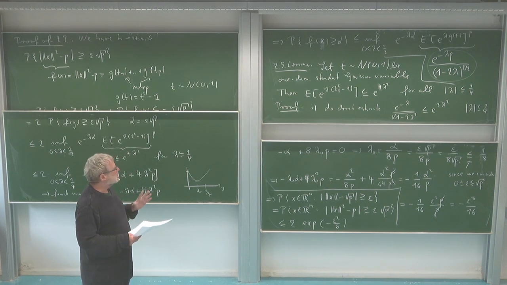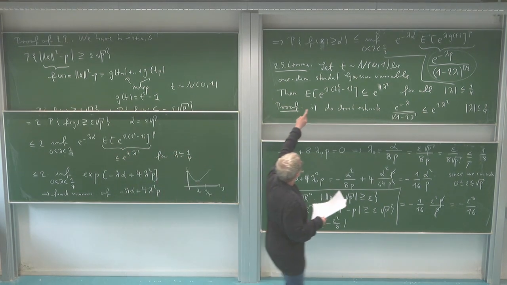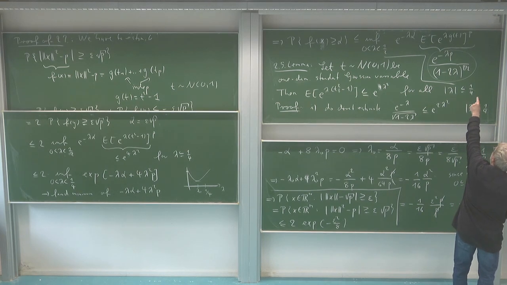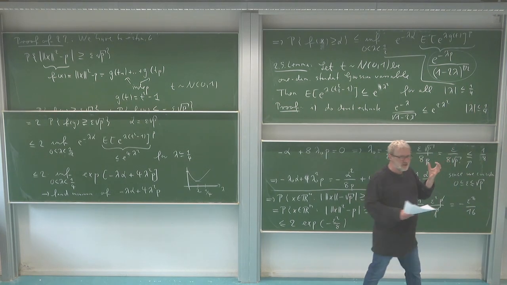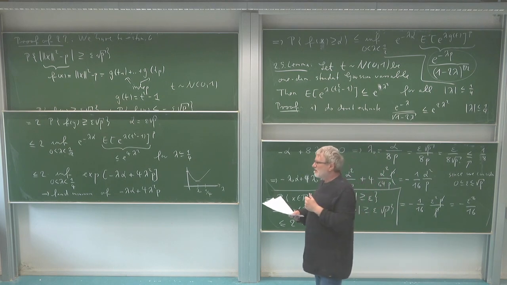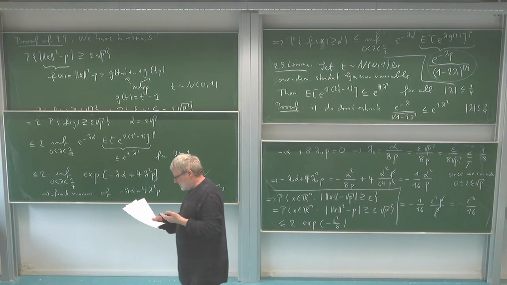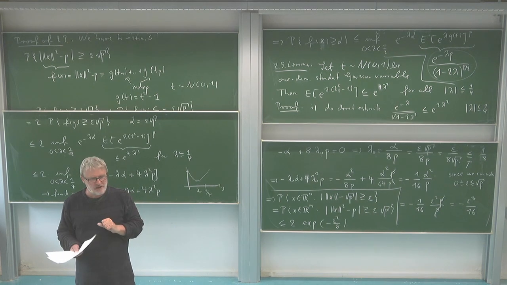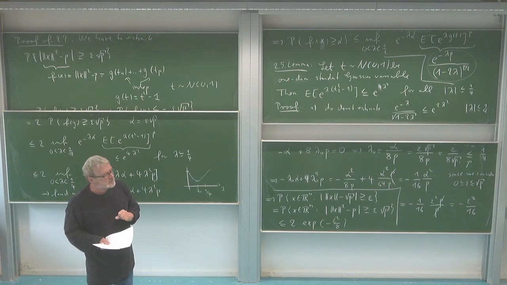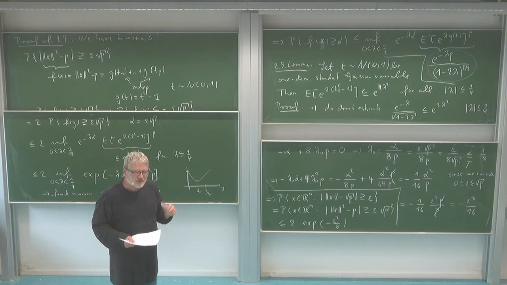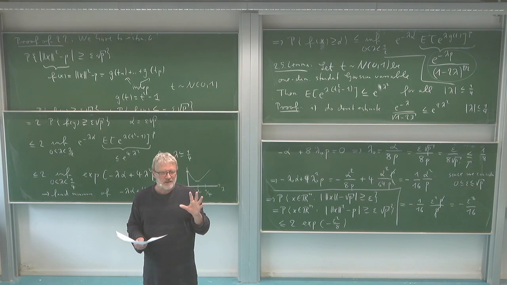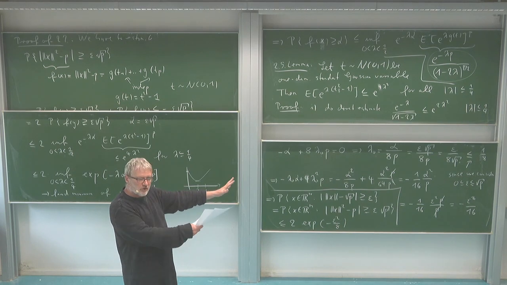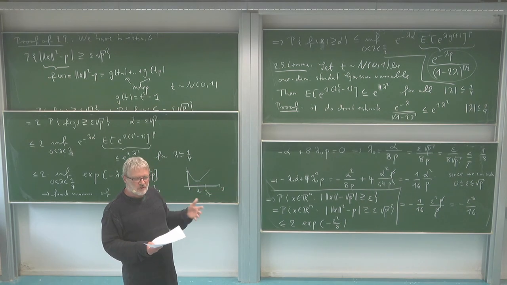Then we come to this setting, and what we need essentially about the distribution of this g of t is that we can estimate its moments against the factorial, or we can estimate its moment generating function essentially against e to the lambda squared. Because if you have this, then this works in the same way. Maybe the constants are different, but you get the same thing.